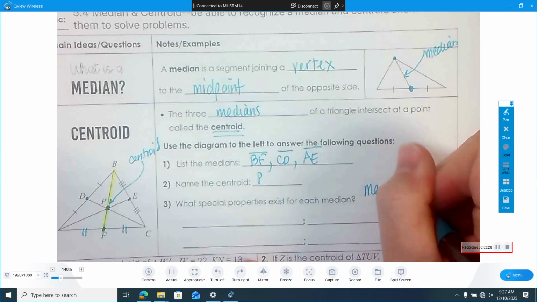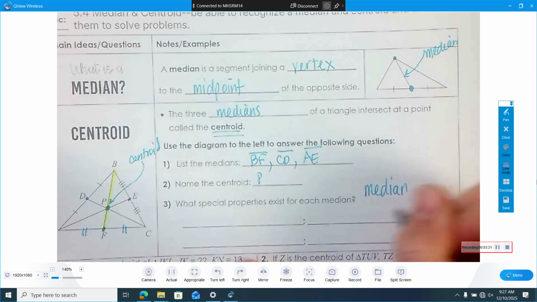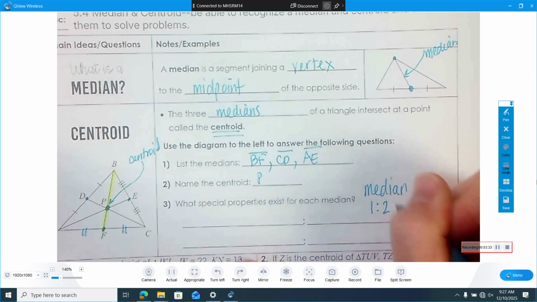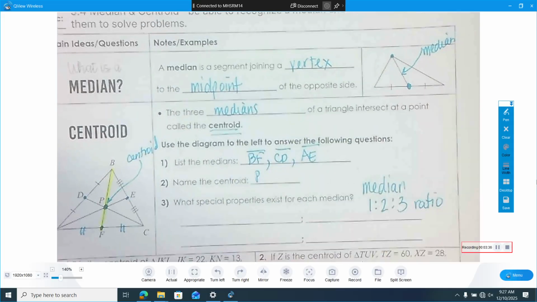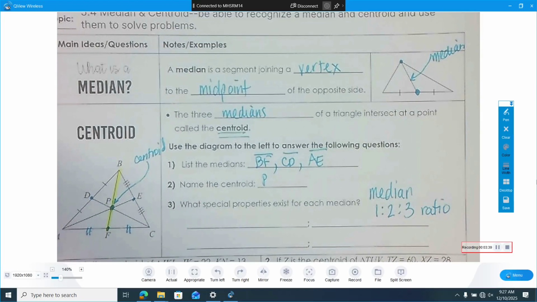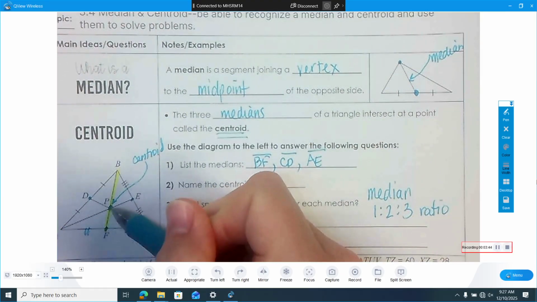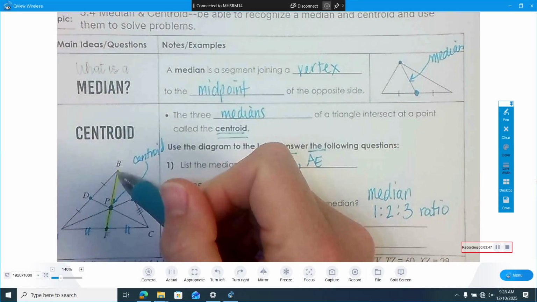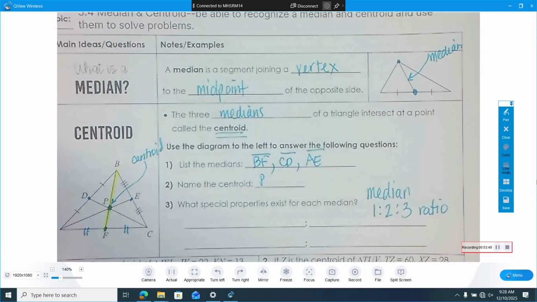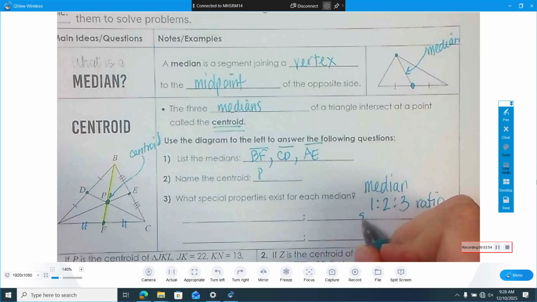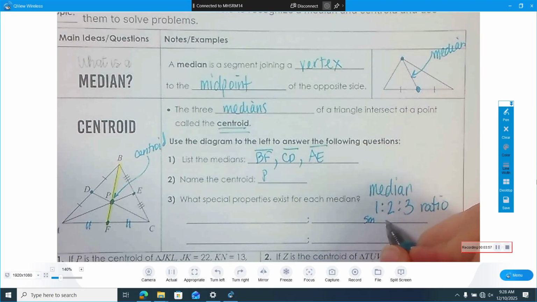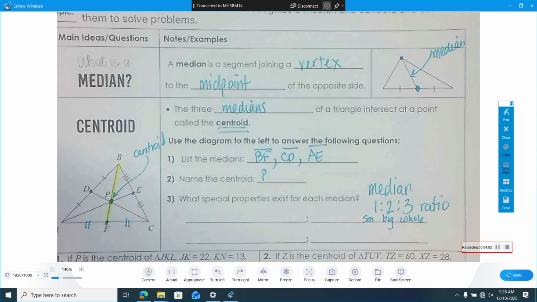That median gets divided into a 1:2:3 ratio. All right? Meaning, if you look at this highlighted median, there is a small segment, there's a bigger piece, and there is the whole median. It's divided into a small, big, and whole ratio, which is very easy to figure out.